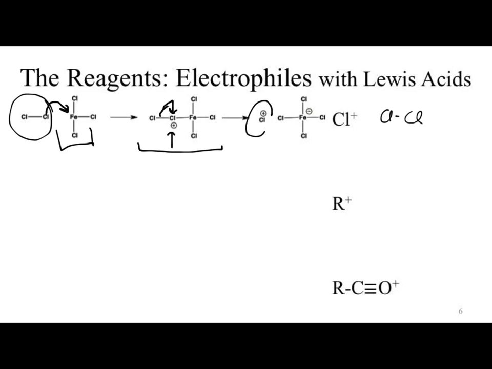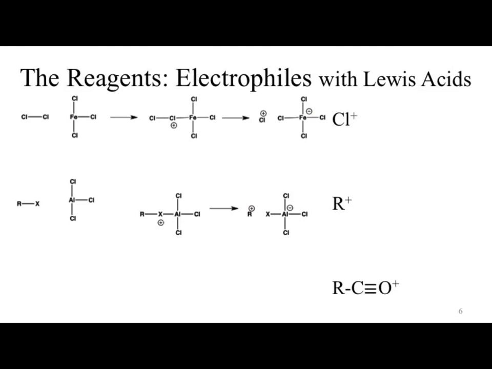And we end up with our chlorine electrophile. Okay? How about R positive? So R is going to be anything with a carbon. Let's go back one. How can I get some carbon structure to be positive? So if R in this case just equals carbon, how can I get a carbon to be positive?